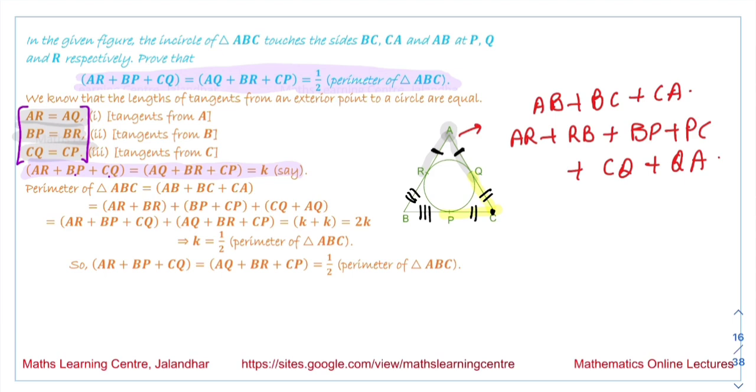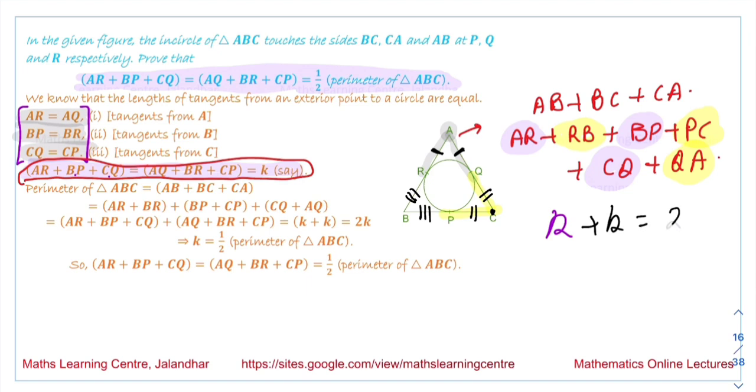From the first equation, AR plus BP plus CQ is equal to K. Similarly RB plus PC plus AQ is also equal to K. So the total comes out to be 2K, and this is equal to the perimeter.